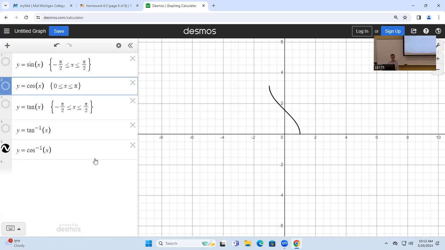Because we have restricted range here. So because we restricted it, cosine inverse is not even, but sine inverse is still odd. So odd things basically stay odd, but even things don't, when you try to take the inverse. We have to restrict the domain.